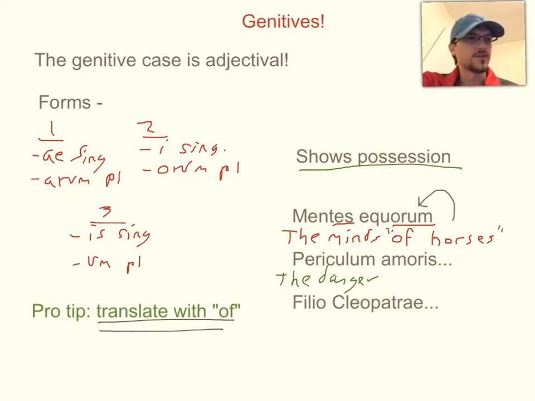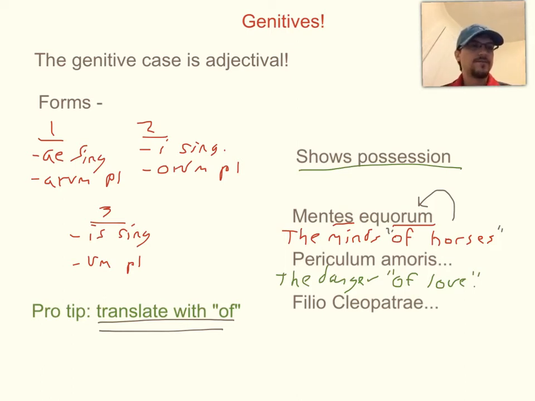That's genitive for sure. And we translate it with of, love. Again, I want to point out to you amoris is genitive, so we translated it with that preposition in English, of, and we say, okay, well, genitive of, therefore amoris is of love, the danger of love.